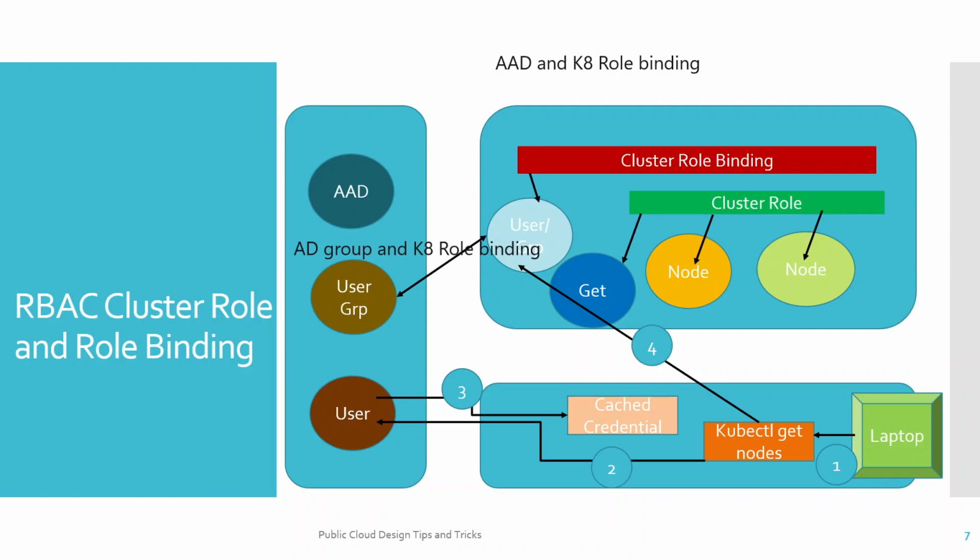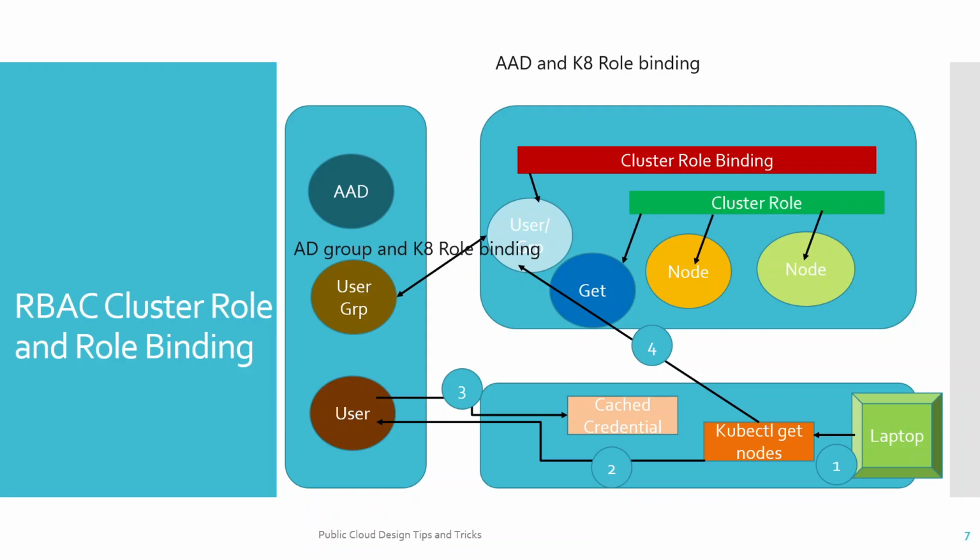Now when that user connects to the API server using kubectl from their laptop, the first step is it gets the cached credential, which is stored the first time in the kubeconfig with all the necessary tokens, and gets verified within Azure Active Directory when it talks to the API server.